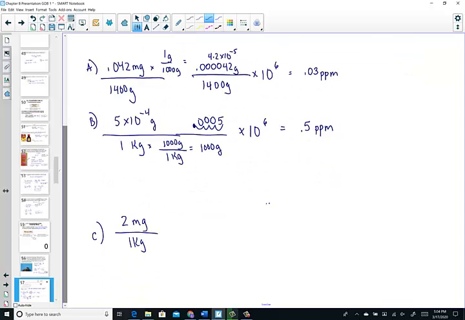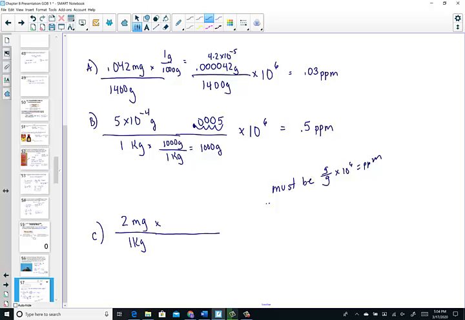So I'm going to make sure that I get gram over gram, just make yourself a note, must be gram over gram to express, then times 1,000,000 to get parts per million. So we've got converting on both sides here, top and bottom.